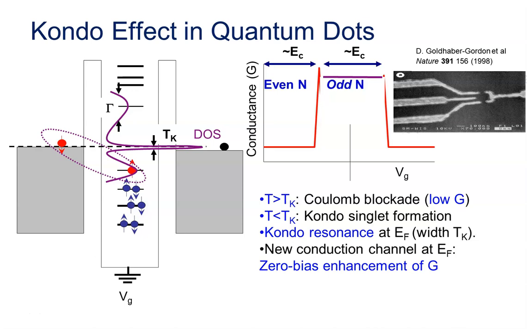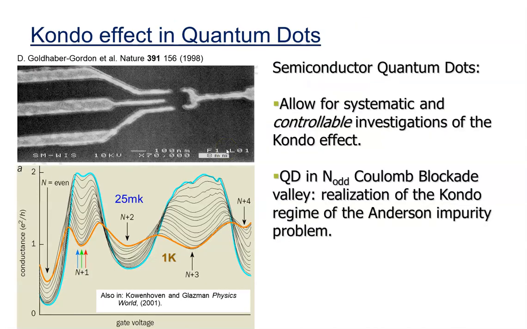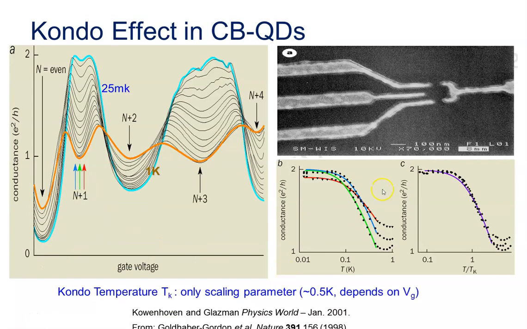And if you can calculate the spectral function to express the presence of this Kondo peak, then your conductance should also show that. And that's what was discovered in 1998. That was the first experiment where they saw an increase in the conductance as the temperature decreased only when you had an odd number of electrons in the dot.